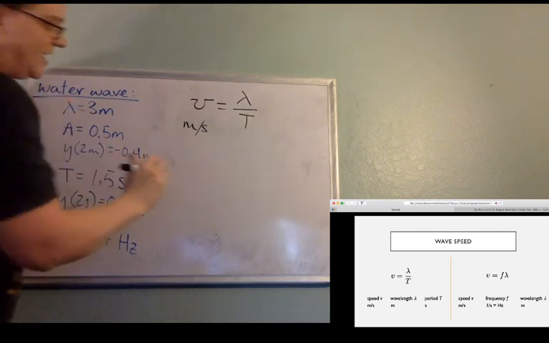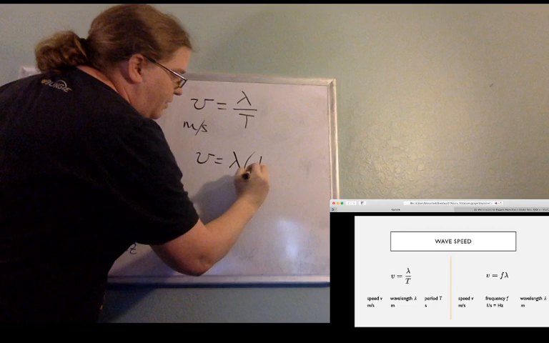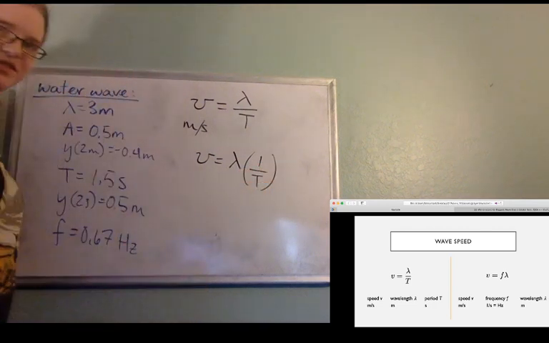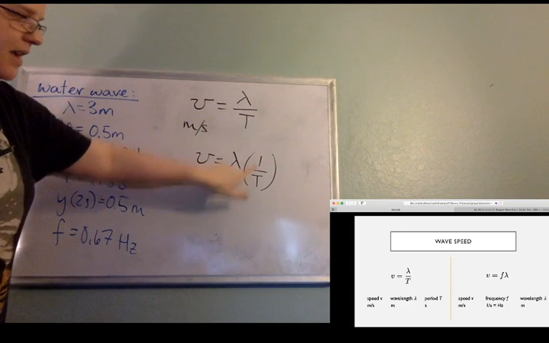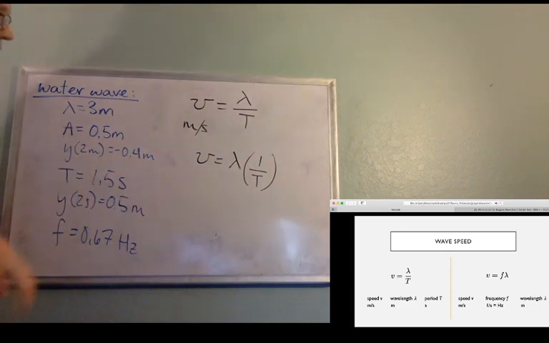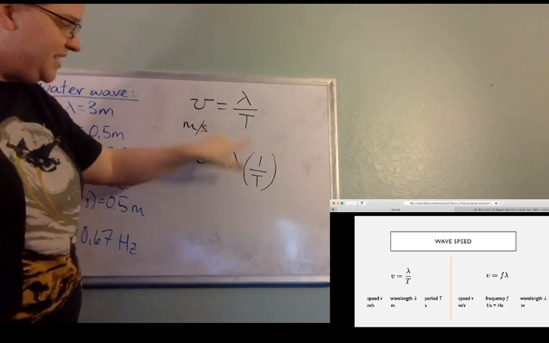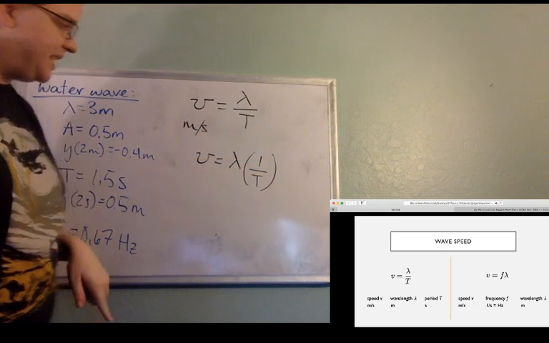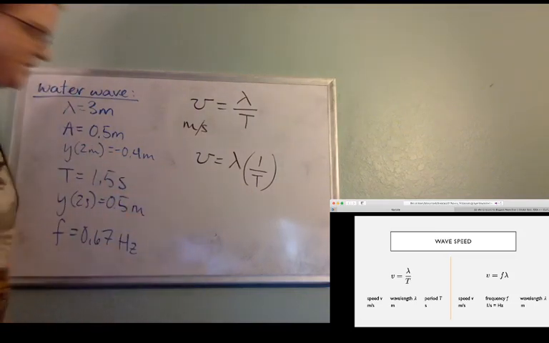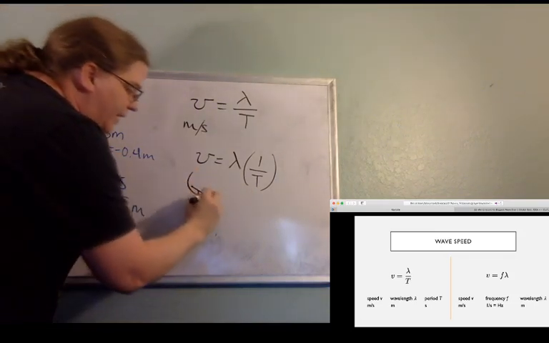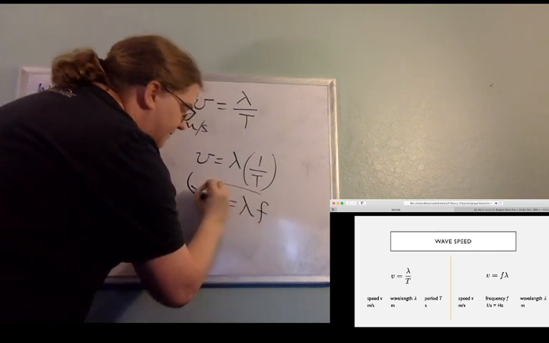The interesting thing here is I could write this as lambda times 1 over T. I'm allowed to do that. When you divide by something, it's like multiplying by the reciprocal of it. So dividing by T is the same as multiplying by 1 over T. Well, we know what 1 over T is. That's the frequency. So another way to write this would be velocity equals wavelength times frequency.